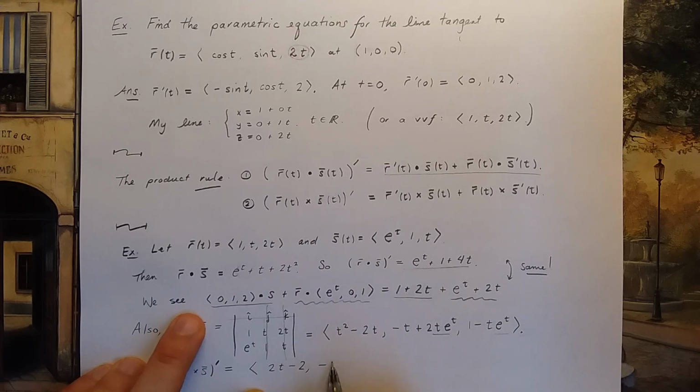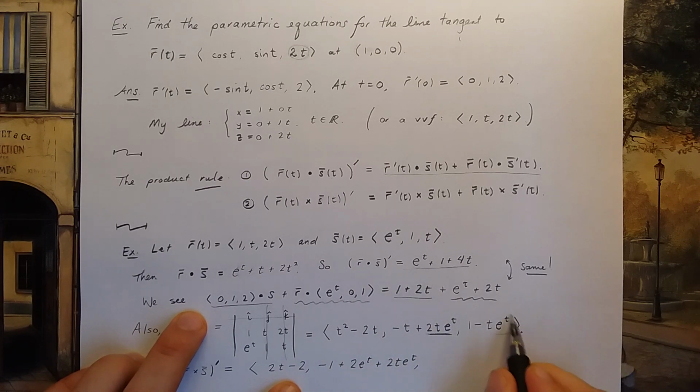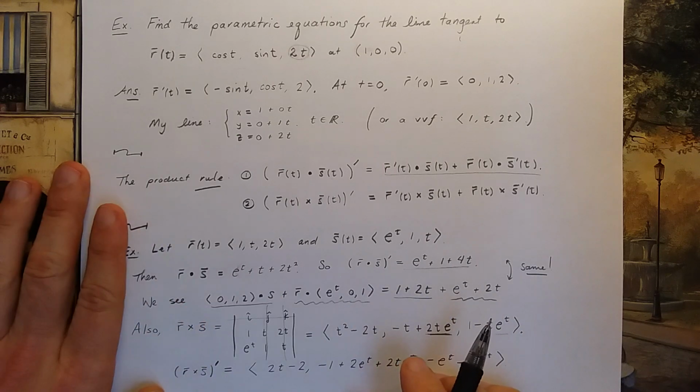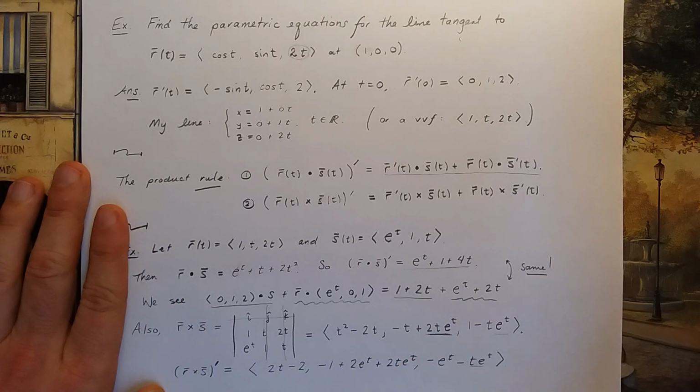The derivative here would be negative 1, and then the product rule I need to employ, so plus 2e to the t plus 2te to the t. And then the last component would be 0 minus e to the t minus te to the t, again using the usual product rule from Calculus 1.